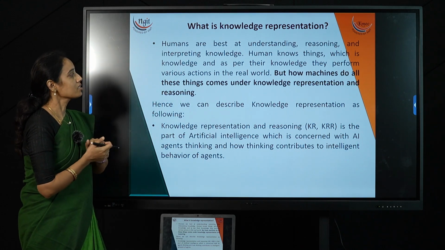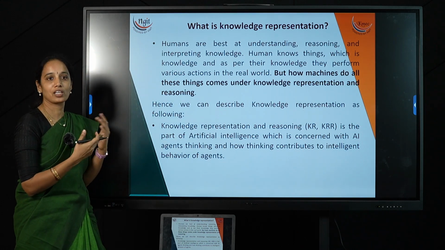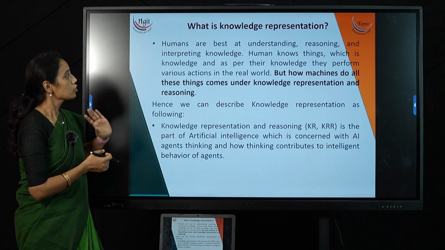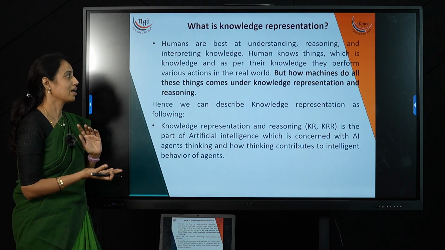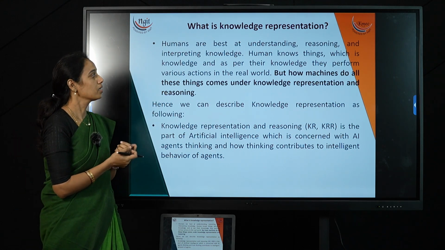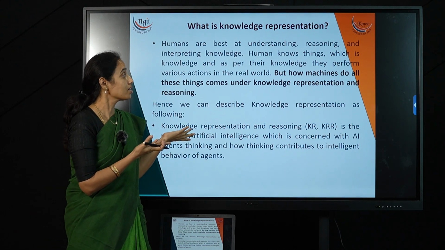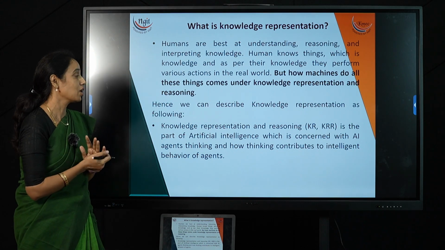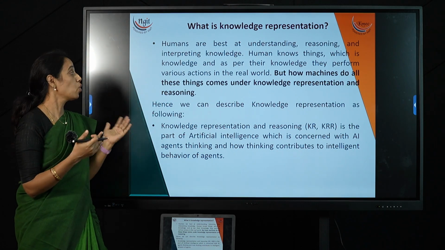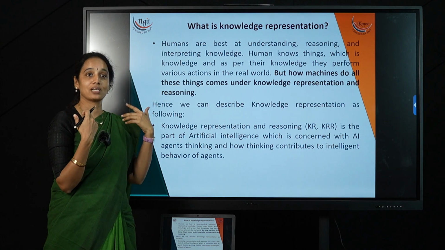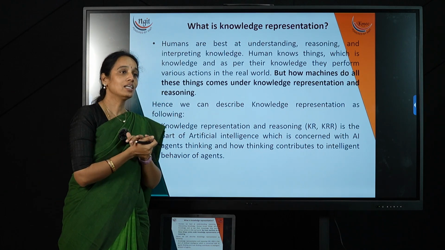And what is knowledge representation, which is a very important thing in this Unit 2. We know that humans are best at understanding, reasoning and interpreting knowledge. Humans know things, which is knowledge, and as per their knowledge they perform various actions in the real world. But how machines do all these things comes under knowledge representation and reasoning.